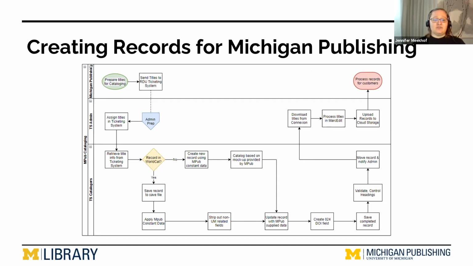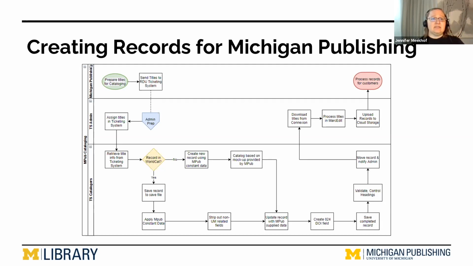So I stripped all of the print, all of the electronic information out using MarcEdit, stripped all of the University of Michigan, all of our local practice out, and added information back to make them all electronic, all Michigan Publishing specific, and then put them in that shared location. We've used both of these workflows to do other University of Michigan press collections and projects.